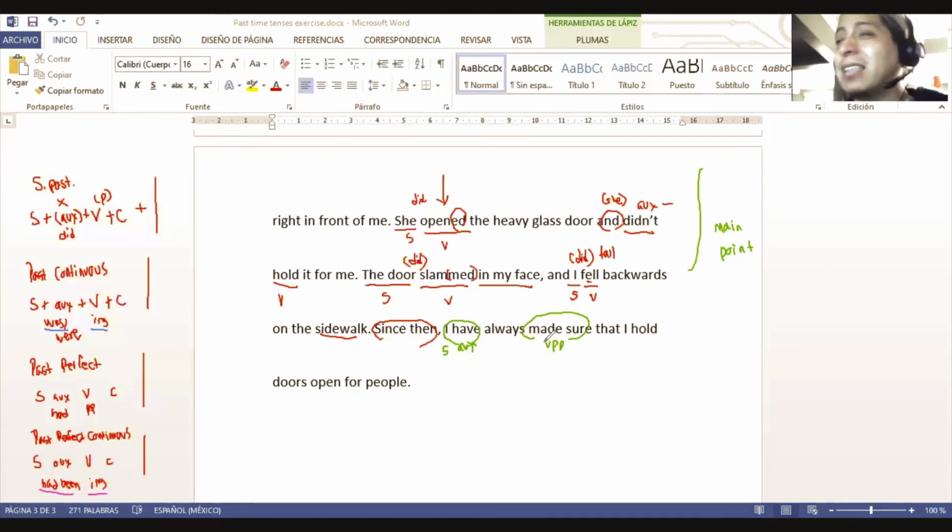Desde entonces me he asegurado, otra vez está conectando el pasado con el presente. Ese día empecé a asegurarme y continúo haciéndolo. Hoy siempre me aseguro that I hold doors open for people. Again, this is in the simple present. This here is the conclusion. Yes? So the conclusion can use the simple present. It can use the present perfect to connect the past to the present.